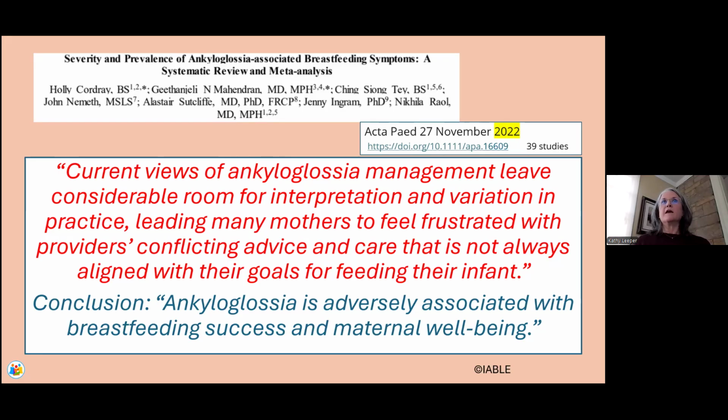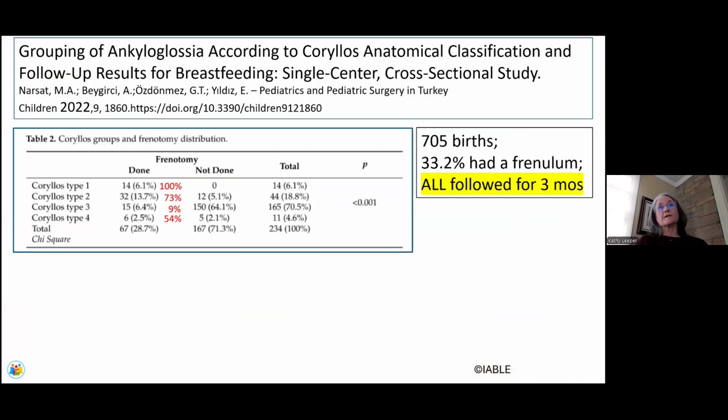But I think the authors were also reflecting their frustration that there aren't really great, clear answers to a lot of our questions. But they were able to conclude that ankyloglossia is adversely associated with breastfeeding success and maternal well-being when you're looking at immediate self-efficacy scores, not long-term success, because we don't know that.